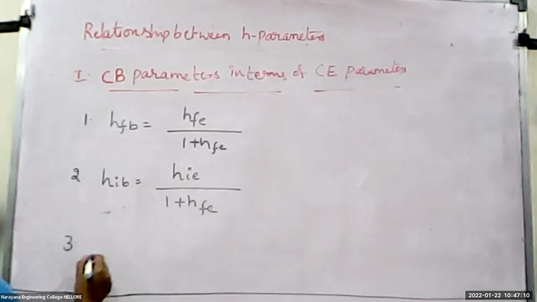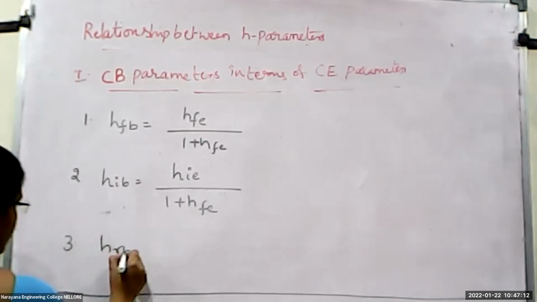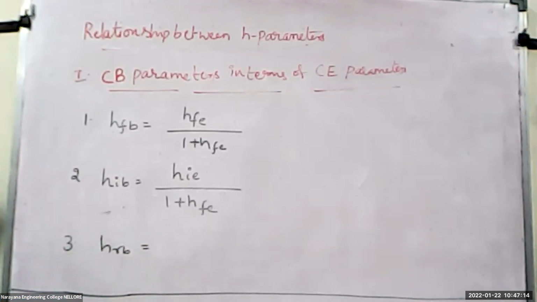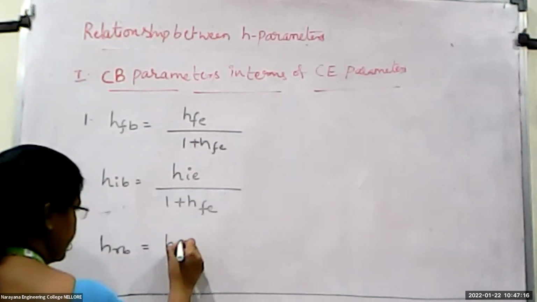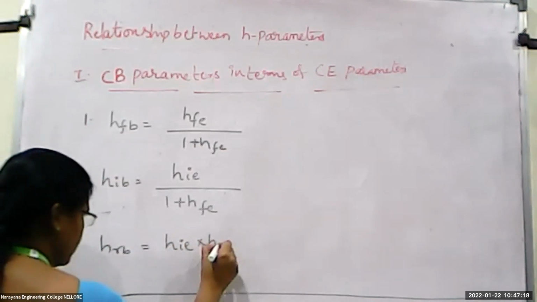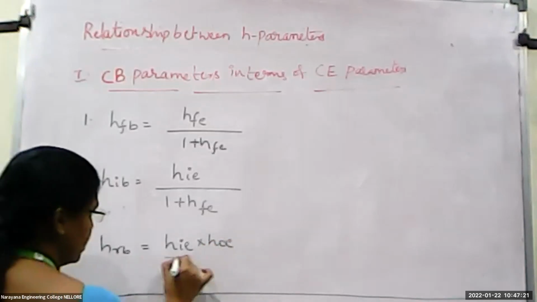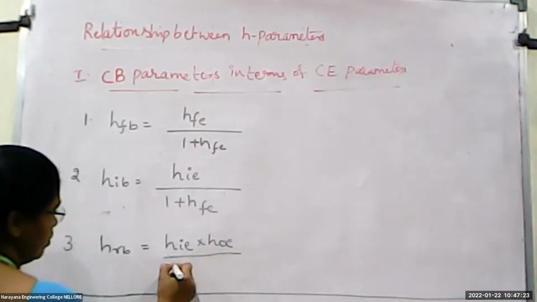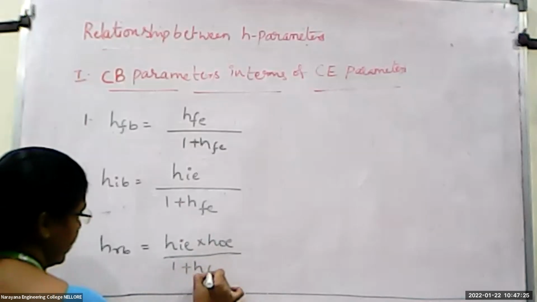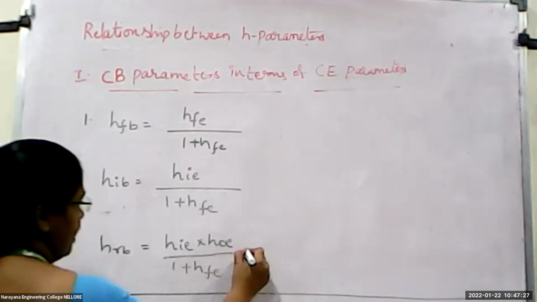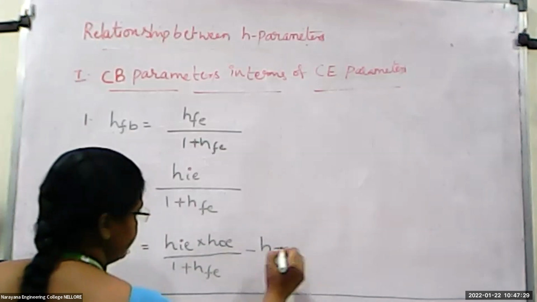Third parameter HRB is HIE into HOE divided by 1 plus HFE, minus HRE.